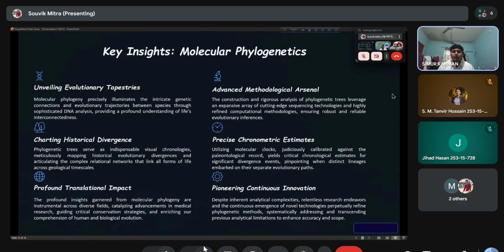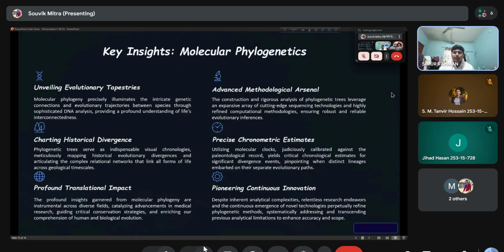Key insights in molecular phylogenetics. This slide summarizes the major insights of molecular phylogenetics. Molecular phylogeny reveals evolutionary relationships by comparing DNA and protein sequences, helping us understand how species are genetically connected. It uses an advanced methodological arsenal combining modern sequencing technologies with powerful computational tools to build accurate phylogenetic trees.